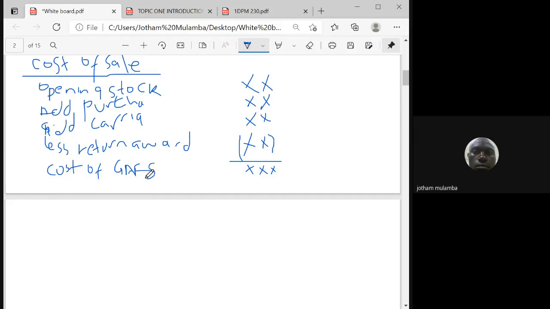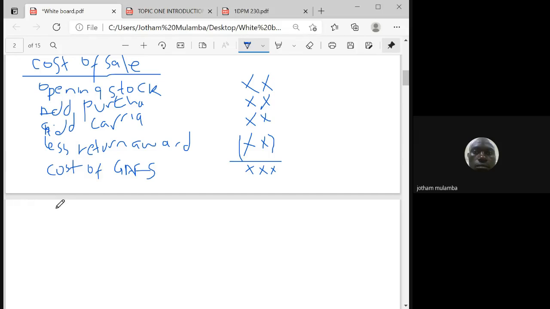Cost of goods available for sale. That is the value of goods that we have placed on a shelf ready for sale, waiting for customers. But for some reasons, we may not sell all of those goods. Some of them will remain on our shelf till the following year.